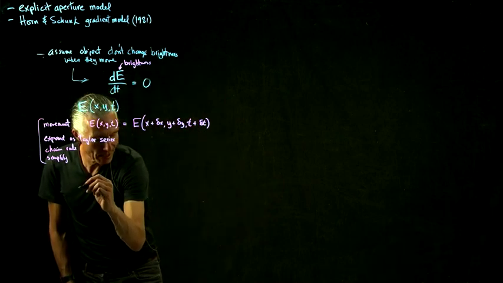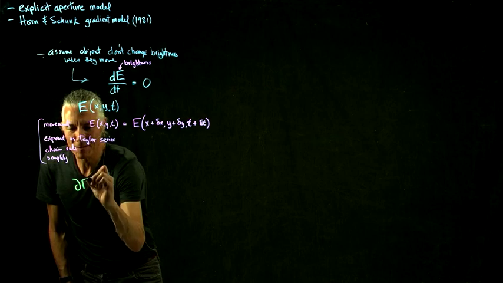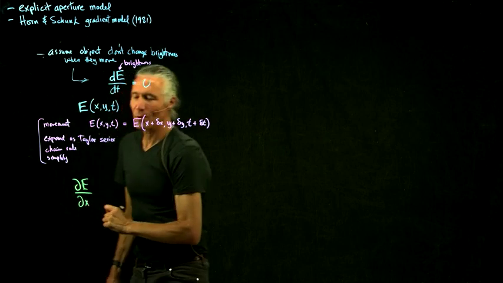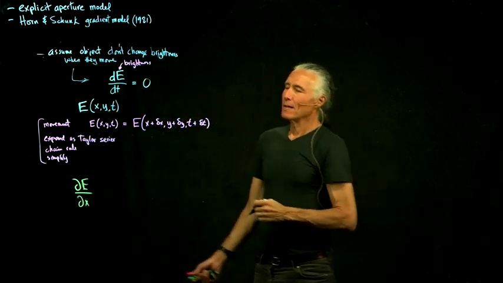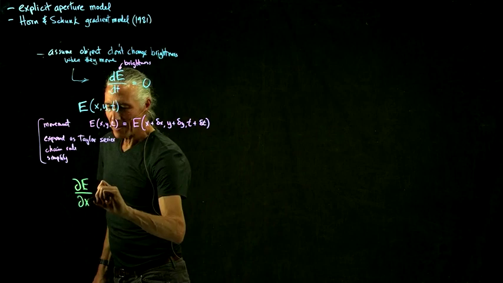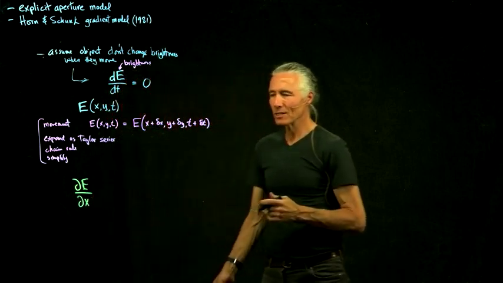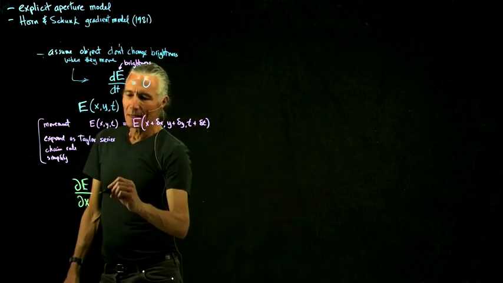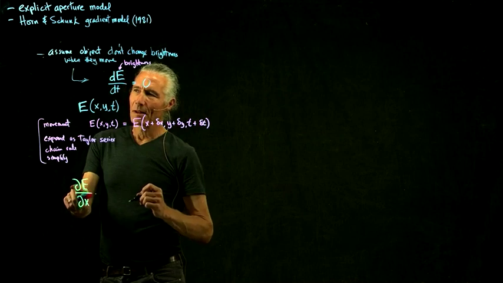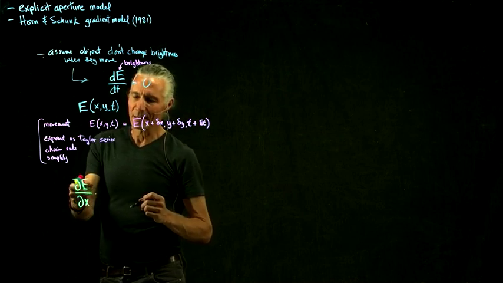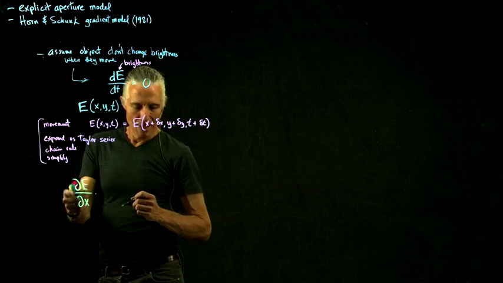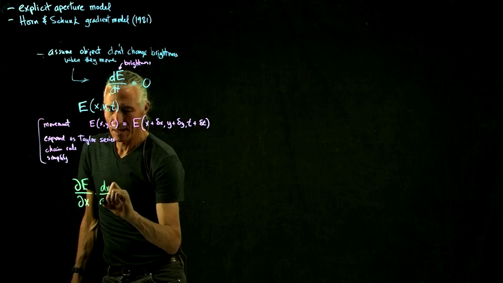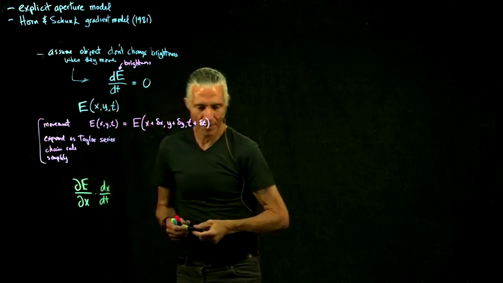What that equation says is the partial derivative of the brightness with respect to the x direction. What does that partial derivative mean? It means let's ignore how things are changing in the y direction or in time, and just consider how the brightness changes when we move in the x direction. We go a small distance in the x direction and see how the brightness changes. That's multiplied by the actual velocity in the x direction.